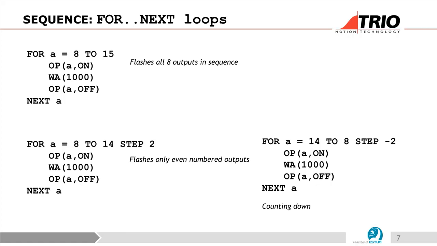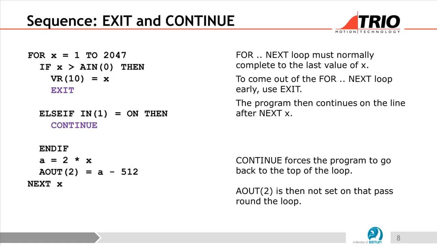This is a sequence that I rarely use, but to exit, the FOR NEXT loop must normally complete to the last value of the x, the last value of the axis. To come out of the FOR NEXT loop early, you can use this EXIT function, so the program then continues on the line after the NEXT.